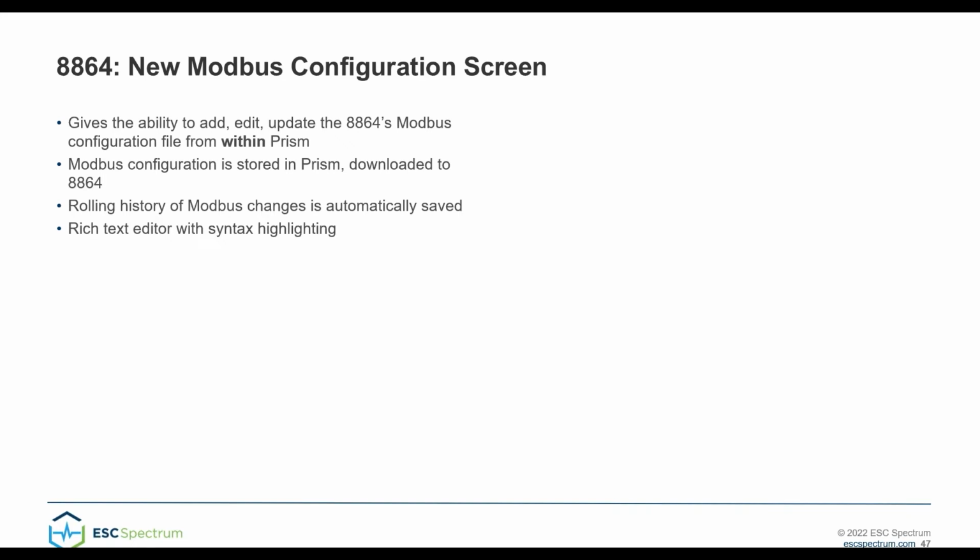It does handle our digital inputs and digital outputs. And this editor will allow you to go in there and make changes to that. Specifically, if you need to add cards to it, or you want your 8864 to communicate via Modbus to other devices, it has that capability as well. And this is the screen where you would go to do that.